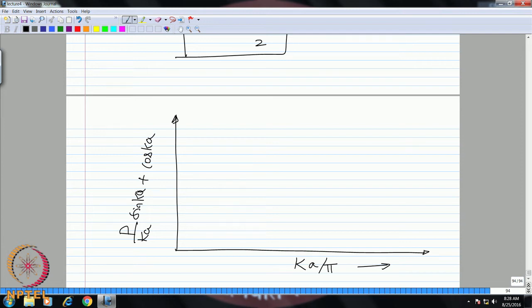If you plot this function, kA by pi can also take negative values. So, you have 0, 1, 2, 4, and on this side you have minus 1, minus 2 and minus 4. Okay.